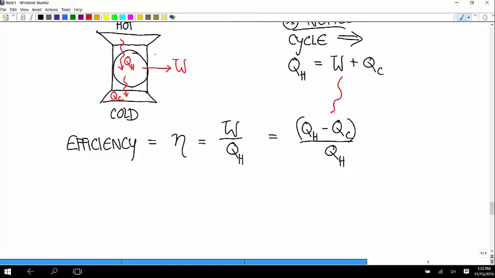That's from here. And I can then just rewrite that as 1 minus QC over QH. So those all have to be the same thing, and that's the performance of a power cycle. Eta.